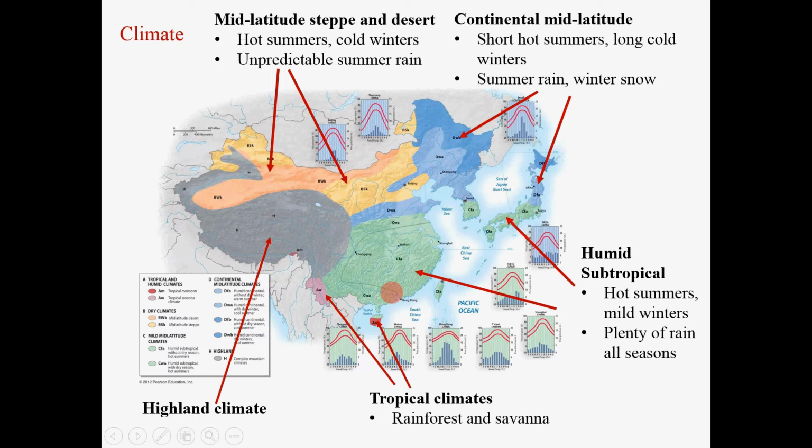Now you move here to the north. In northwest China, Inner Mongolia, which also includes Mongolia as well, there is mid-latitude steppe and desert. This location is far away from the ocean, far away from the source of water.